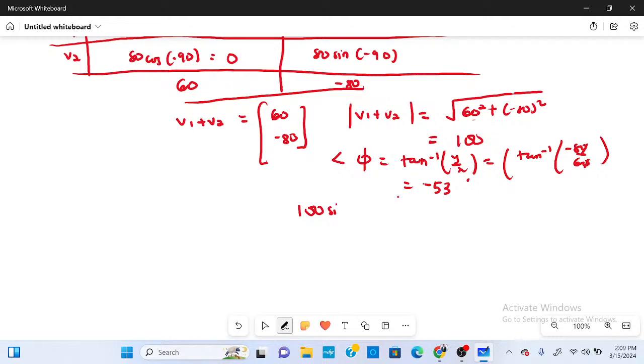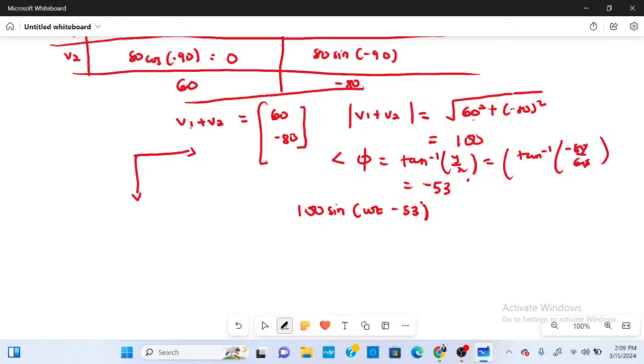For that reason, we have 100, which is the magnitude, sine of omega t minus 53 degrees. And this is simply V1 plus V2. And you realize that your V1 has X component, which is positive, so on the positive line, but the Y component was negative and will fall here.